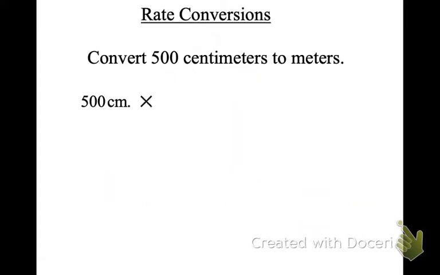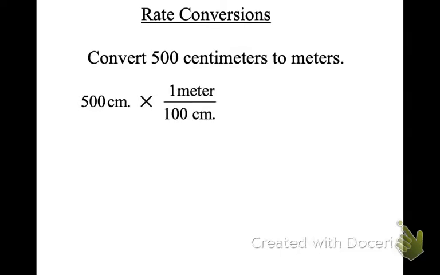Metric conversions. Another way that we can do that is we can do the same thing we were doing earlier, and we could use our fancy ones. So 1 meter is to 100 centimeters.